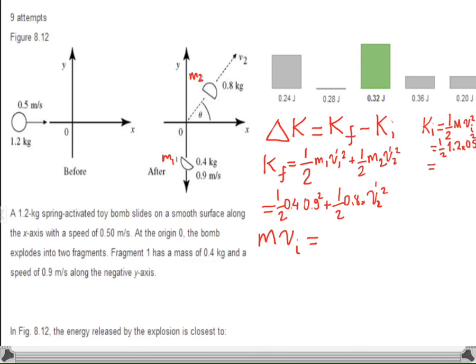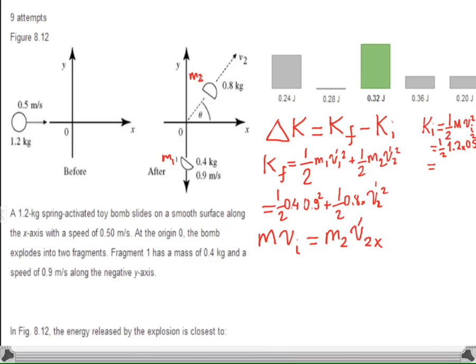No, there is no x component. So all the x component of the second object's momentum comes from V2 x prime, right? So m2 V2 x prime. Any questions about this equation?